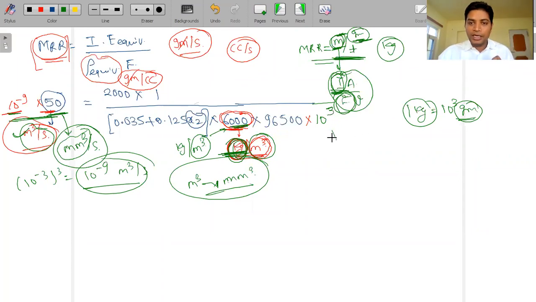I'm just making this equation simple for you guys. So I'm taking this value towards the left hand side, and the rest of the values on the right hand side.